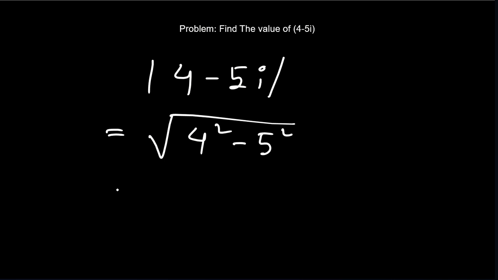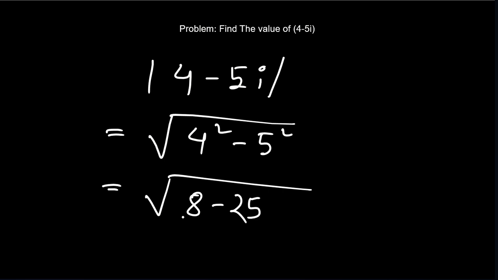Okay, so here 4 squared equals 8 and 5 squared equals 25. So it's a positive 8 and a negative 25. So the value is root over 25 minus 8 equals 17. So minus 17.